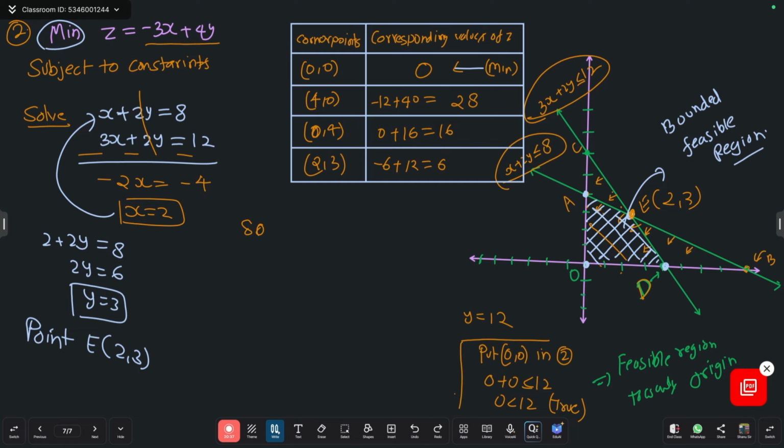At 0 comma 0, z equals to minus 3x plus 4y is minimum. X value 0, y value 0. Finish. That's it.